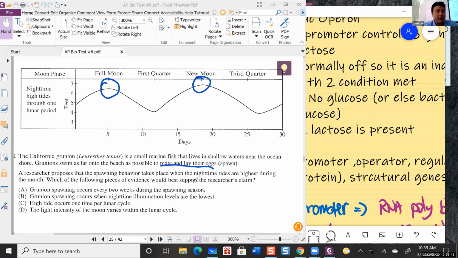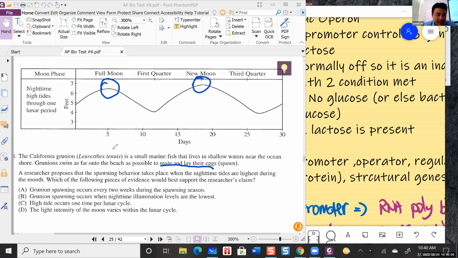Grunion, you also have to read everything. Grunion spawning occurs every 2 weeks. Grunion spawning occurs when nighttime illumination is the lowest. High tide occurs 1 time per lunar cycle, and light intensity of the moon varies with lunar cycle.